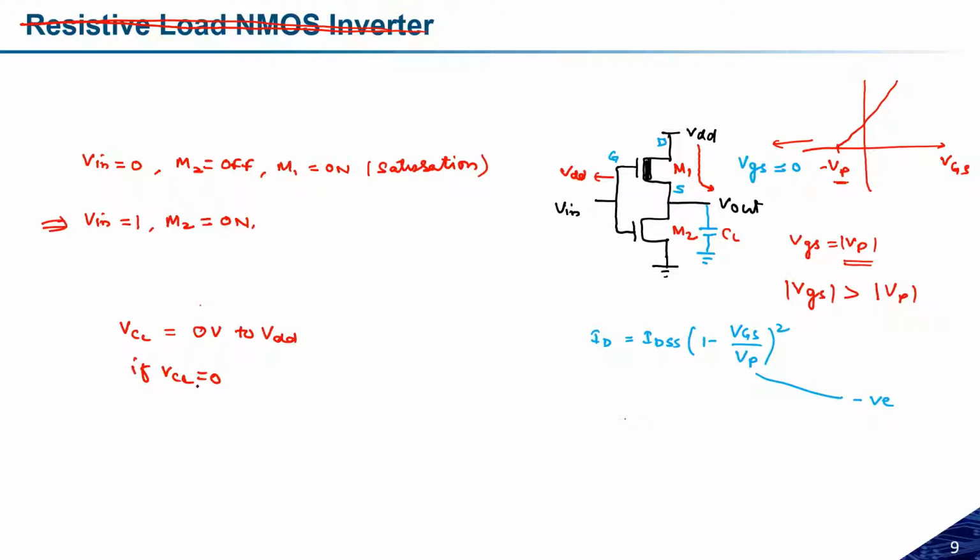This VCL is nothing but this is equal to VS for the M1. And because I have provided the VDD, the VGS for M1 will become VDD. If it is equal to VDD, what it means, the device is in the on state.